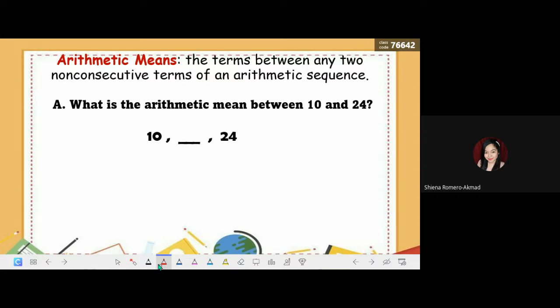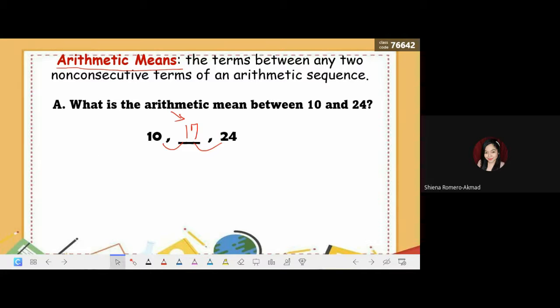Okay? The correct answer here is 17. So nakita nyo nga sa video that the middle term or the arithmetic mean is 17. Paano mo malalaman kung yan talaga yung middle term o kaya naman yung tinatawag natin na arithmetic mean? Dapat yung distance niya, or should I say in numbers, that's difference, dapat yung difference niya pareho.